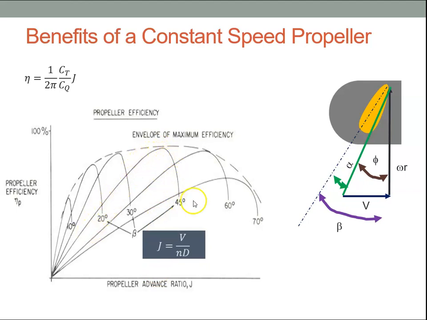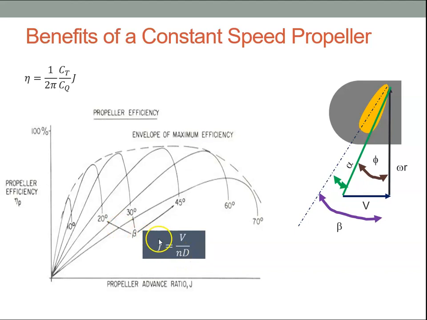So the pilot who's flying the aircraft is looking at the relationship between the velocity and the RPM. As we change the blade angles, we're ultimately controlling the revs of the engine. This small n is revs per second.